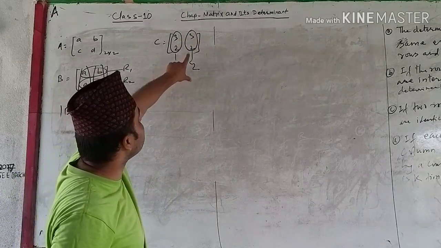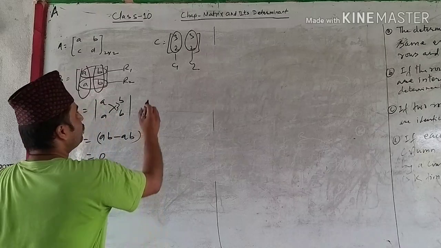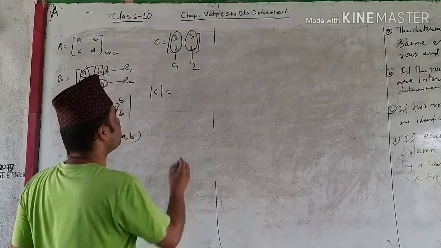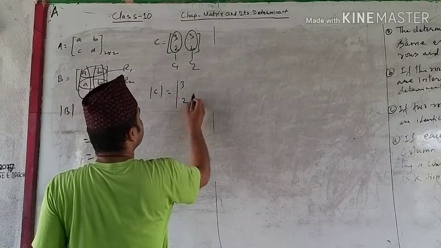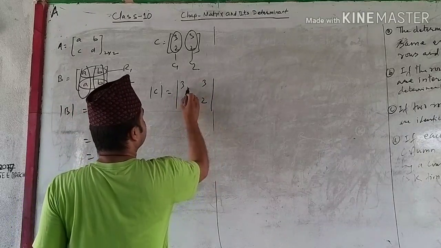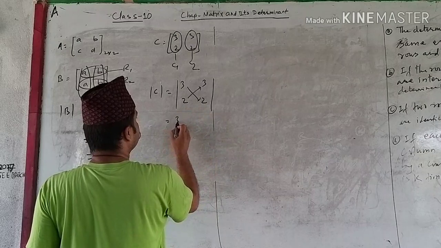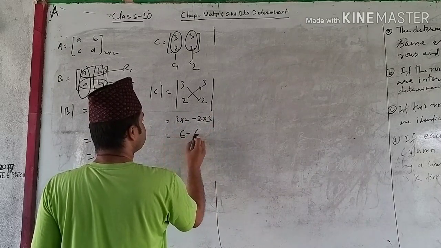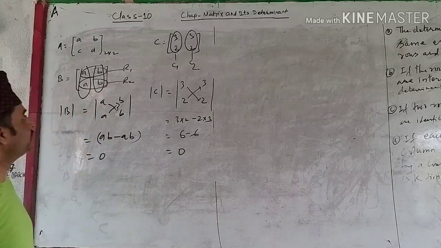The first column elements are the same as the second column. What will be its effect on the determinant? Let's find the determinant. 3, 2 and this is 3, 2. Now 3 into 2 minus 2 into 3 is equal to 6 minus 6. The answer is 0.